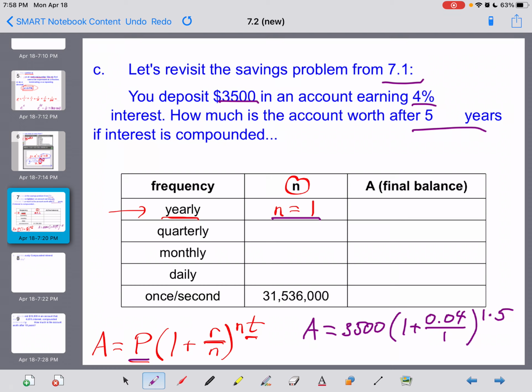So that right there, guys, is what I'm going to type in on the main screen of my calculator, 3,500, and then in parentheses 1 plus 0.04 divided by 1, close the parenthesis, and then take all that to a power of 1 times 5.